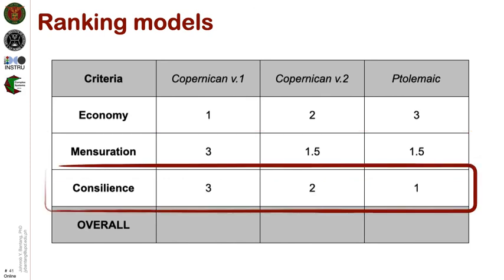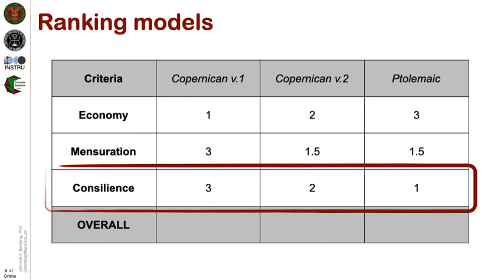Consilience is what comes next. It would be a balanced judgment to place a ranking like this, rather than making the second version and the Ptolemaic system a tie. This decision, as it will turn out, will also be a slightly paradoxical conclusion. So we say that the most consistent with the prevailing views about the universe is the Ptolemaic system. The Copernican model is, in a way, a very revolutionary one, as it reintroduced a rather old model of the Greeks.